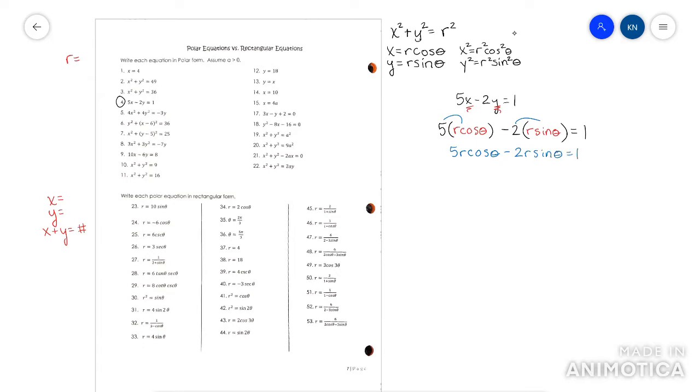Remember, you're trying to get r equals by itself. So you need to isolate these r's by taking a GCF out. And then your last step would be to divide by this whole thing, 5 cosine theta minus 2 sine theta, on both sides.